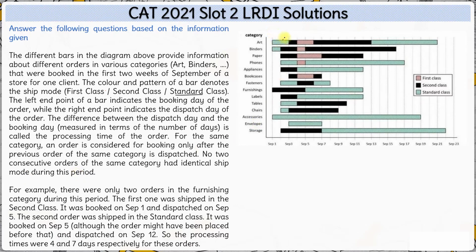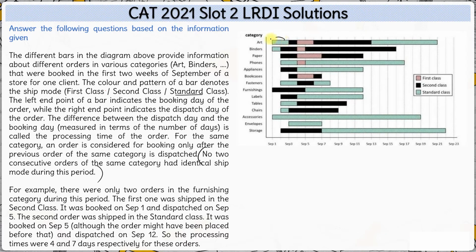And no two consecutive orders of the same category had identical ship mode during this period. Okay, so you can see this is only a single order. It's not that there was an order which had 1 day processing time, and then there was another order of the standard class which had only 1 day shipping time. What the last line means is no two consecutive shipping modes were of the same kind, right?